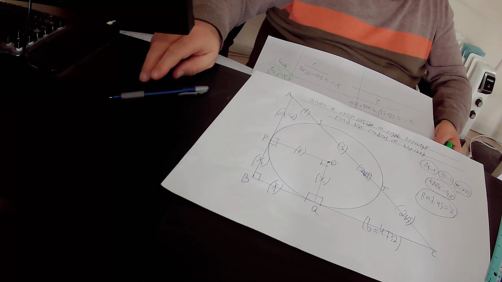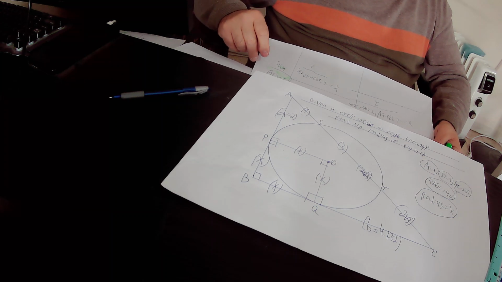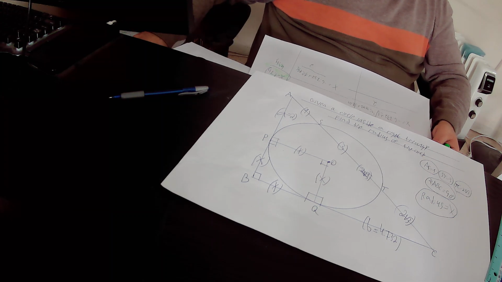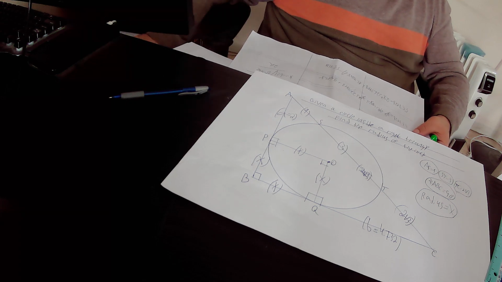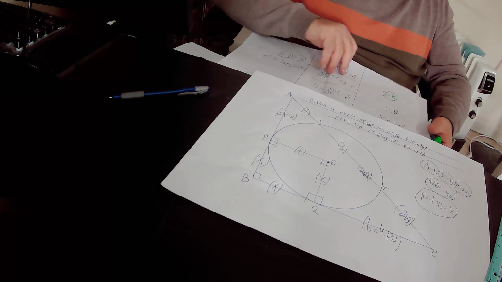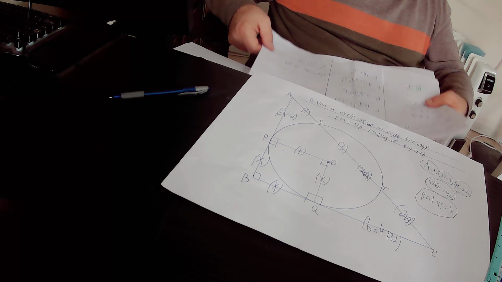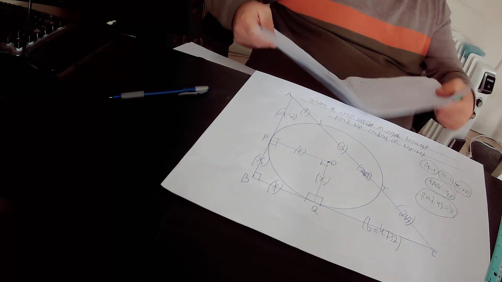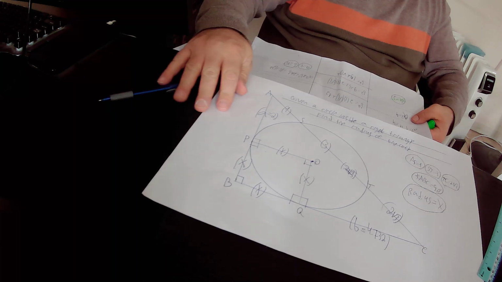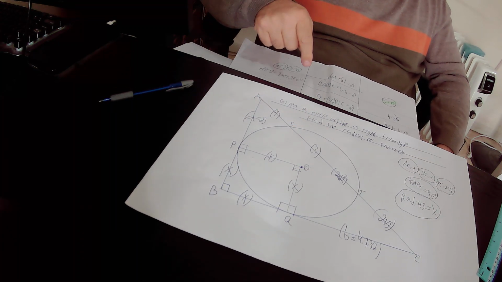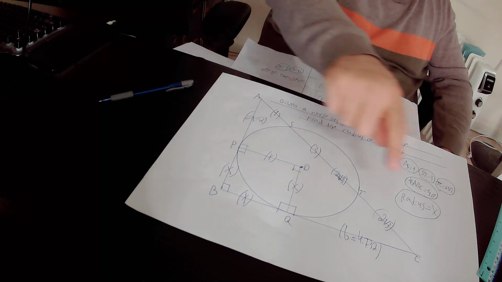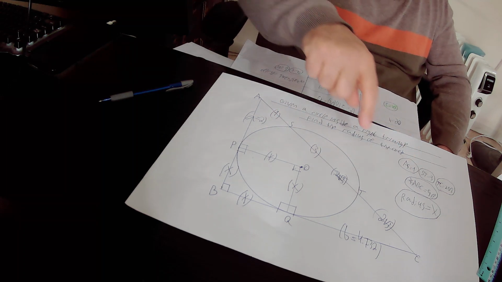So we finish with the question. In the next step, I summarize the lecture. So in this lecture we found out the radius of this circle. In the drawing we have the right triangle ABC. Inside this right triangle ABC we have this circle.